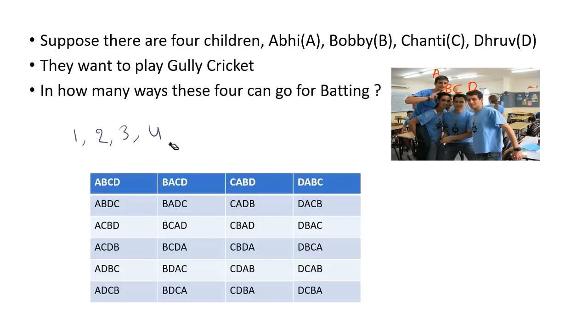You may have come across this problem in your childhood, but what you haven't noticed is there are 24 different options. I have listed all these 24 different options for you.